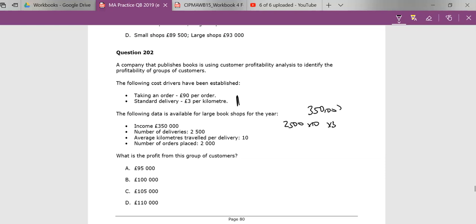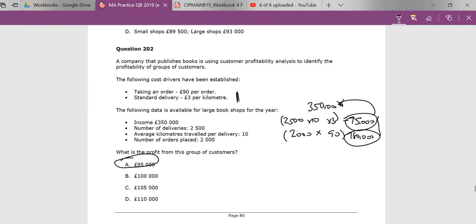Then the cost of taking an order: we have 2,000 orders at £90. I need to take these away from the income. 250 times 10 times 3 gives 75,000, and here I have 180,000. So 350,000 minus 75,000 minus 180,000 gives me 95,000. I'm sitting at A for that one.